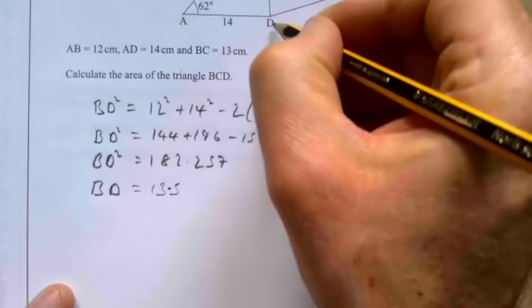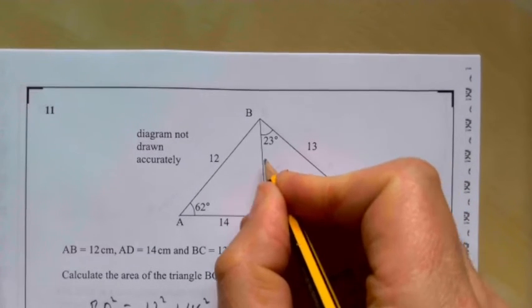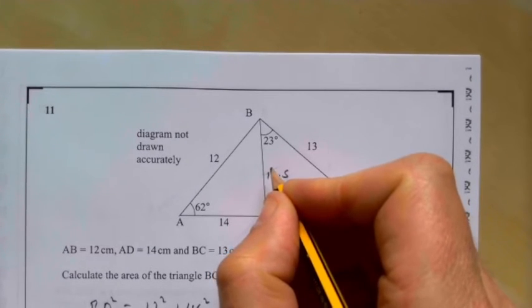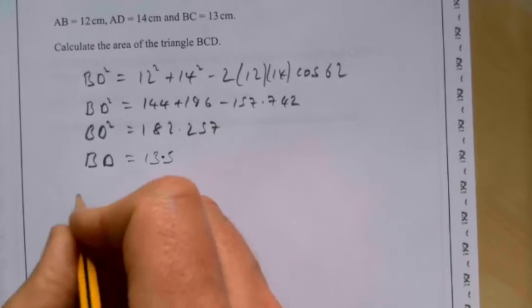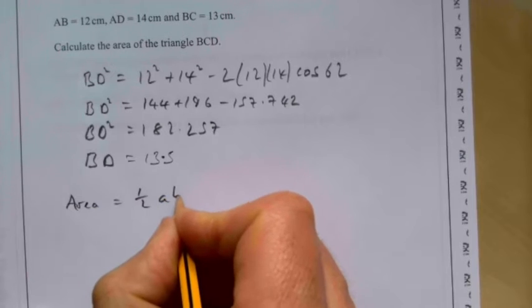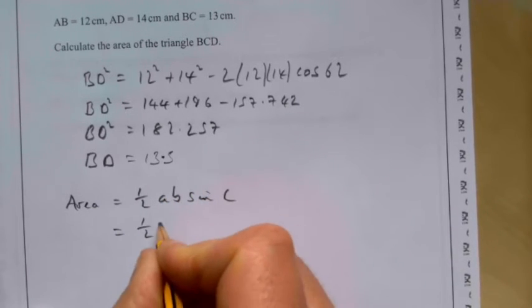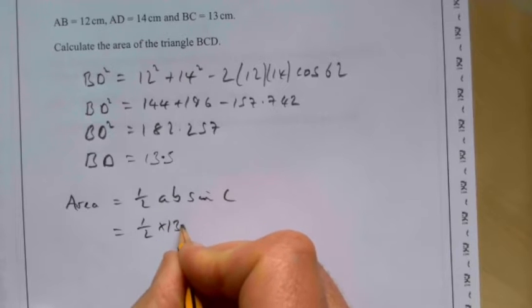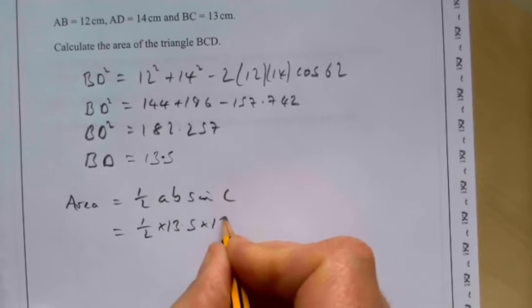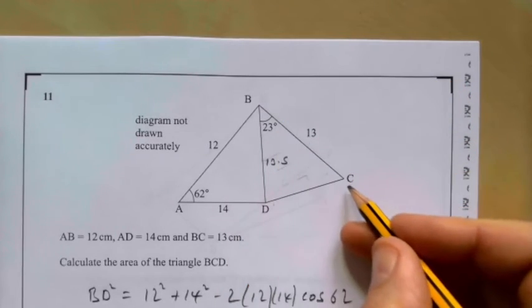Then I know this information here, so that's my 13.5. So I'm going to then use a half ab sine C. So it's a half times 13.5 times 13 sine 23. Do you see that there?